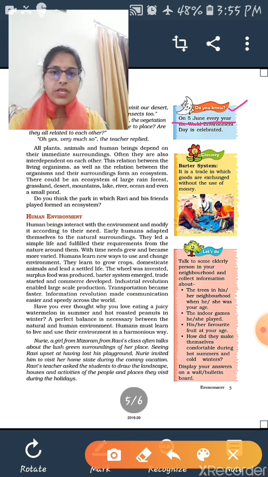Basically to create awareness about environmental conservation, that's why on 5th June every year we celebrate World Environment Day. And along with this, many awareness programs are also held on that day related to the environment.